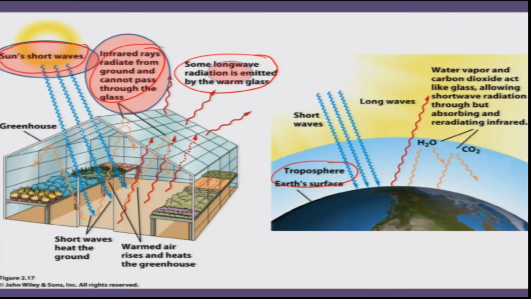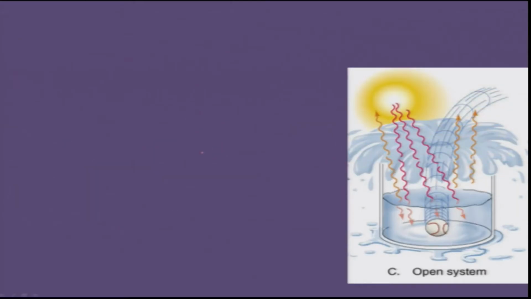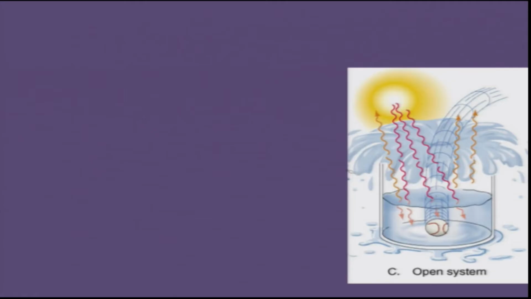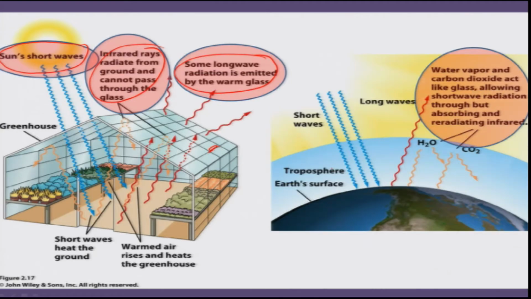Similarly, the water vapor and carbon dioxide act as glass, which does not allow, or only partially allows, the radiation to move into the atmosphere. So if you consider what we talked about in the previous slide about the closed system, this fits into the closed system.